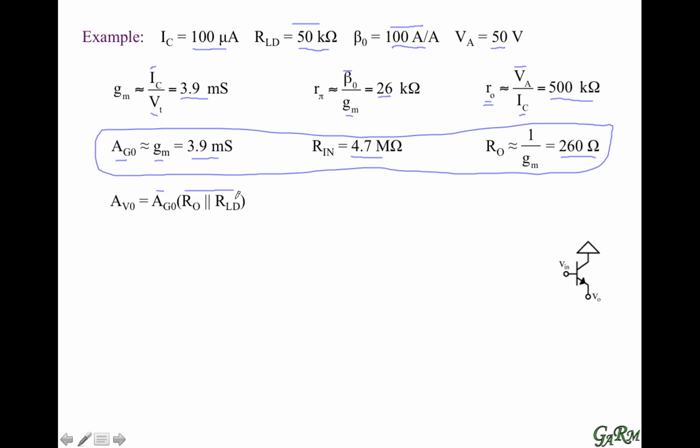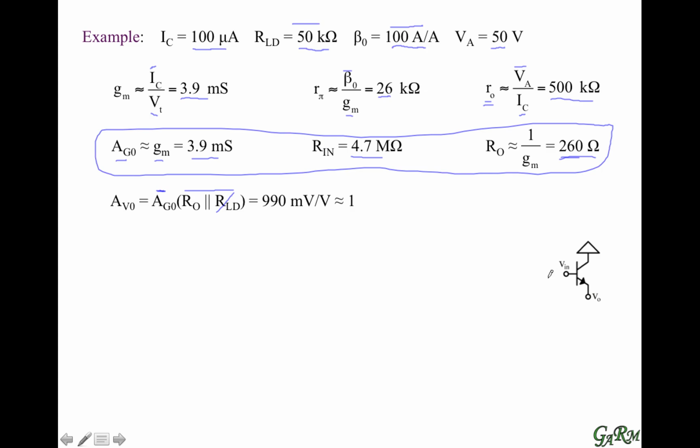And we see that the combined output resistance is 260 ohms in parallel with 50 kiloohms. The 50 kiloohms has very little effect. The 260 ohms is 1 over GM. That times the transconductance current, which is GM, is roughly just 1. What that means is that the voltage gain is 1.